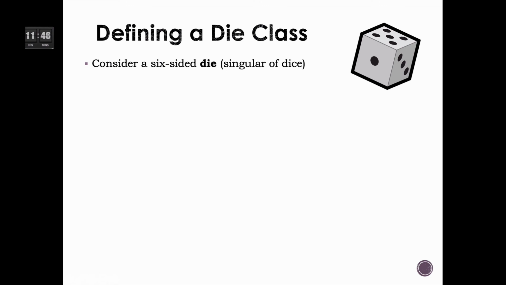By the way, when we have multiple dice, we call them dice, and one is a die. I know that has a weird name if you never encountered it before, but a die is a single object of type dice.